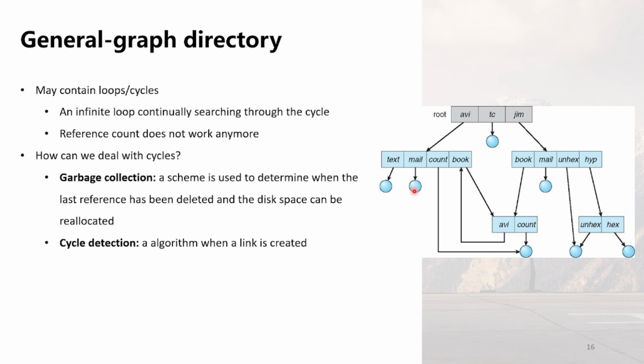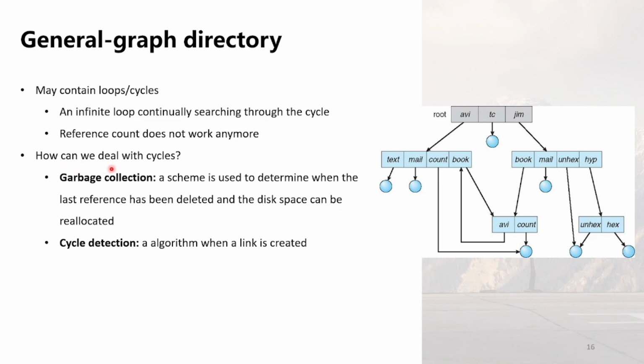It means that a directory can potentially reference itself, either directly or through a series of links, which could lead to an infinite loop when searching through the directory. Reference counting, our previously discussed method for deletion, fails in the presence of cycles because it can never reach 0 if a file is part of a loop.